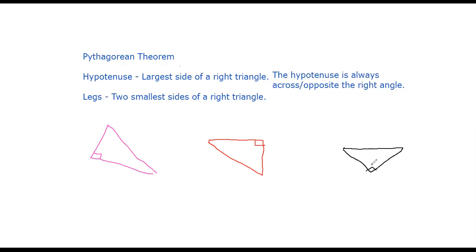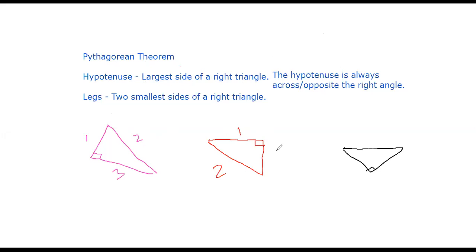Okay. So remember, the hypotenuse is the largest side of a right triangle, and it's always across the right angle. And the legs are the two smallest sides of a right triangle. So I'm going to label all these. Please do not write on the board yet. Can you erase that? Thank you.